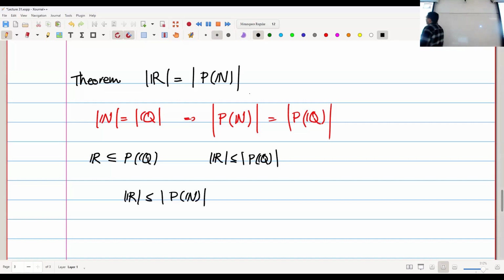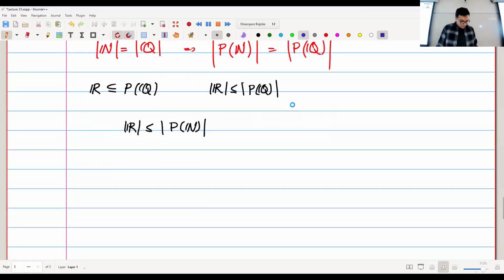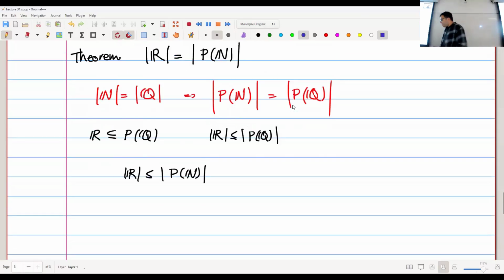Okay, now I have to prove the other side. I have to find a one-to-one function from the set of subsets of natural numbers to the set of real numbers. Now this function is exactly what you would expect it to be from the very beginning of this course. Whenever we were talking about subsets, we would just use a sequence of zeros and ones to show our subsets, right?